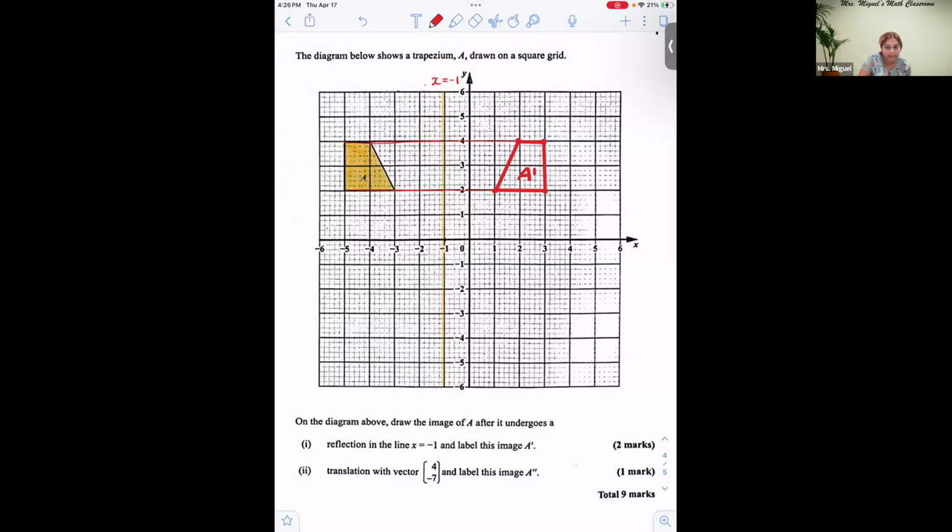Now, I would like you to translate A, which is this, along the vector 4, -7. So if it is 4, -7, each point is moving to the positive, so it's moving along the right. And if it's going -7, we're coming down. So each point, you're moving it 4 across and 7 down.